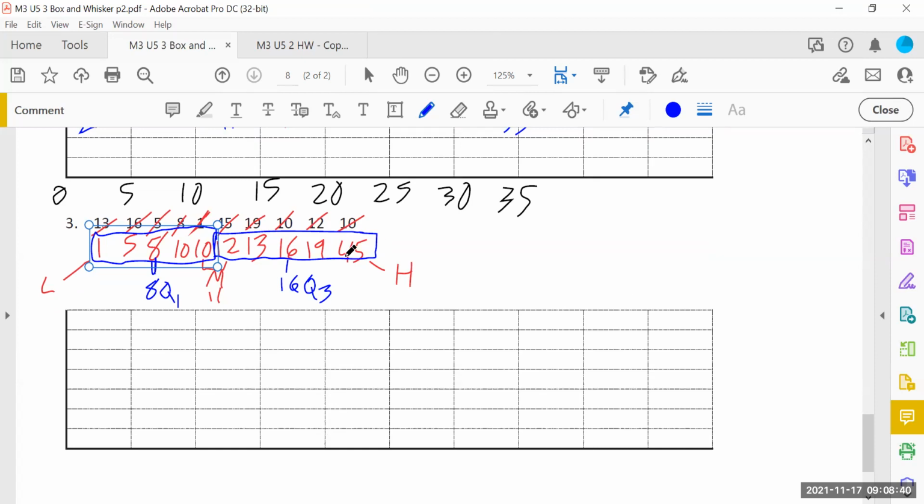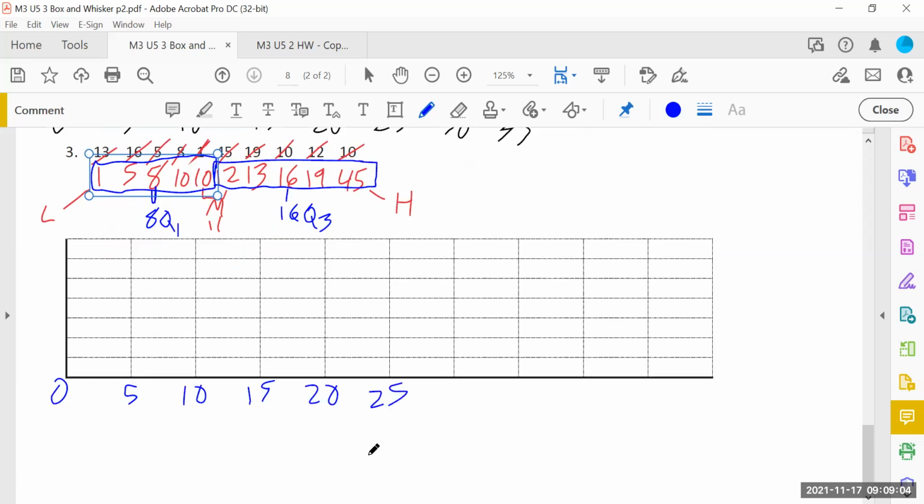And really here, I could draw this in right now and then check for the outliers if I wanted to. Or I can get it all set up, find my lower and upper boundary first. Either way is fine. Let's go ahead and draw in what we have so far. So lower, let's see here, we're going 0, 5, 10, 15, 20, 25, 30, 35, 40, 45.